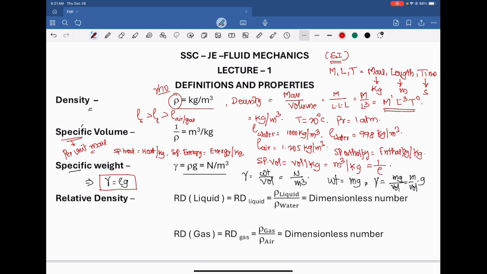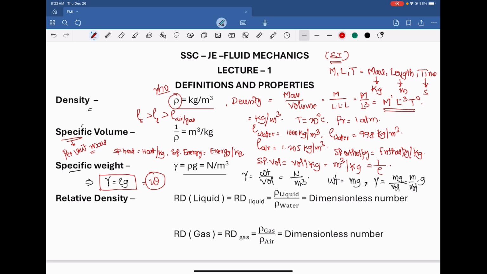Gamma is equal to rho g. Gamma is sometimes also called as W in some books. Gamma is equal to rho g. Now, let us talk about the relative density. I will talk about the specific weight maybe in the next definitions which follow.